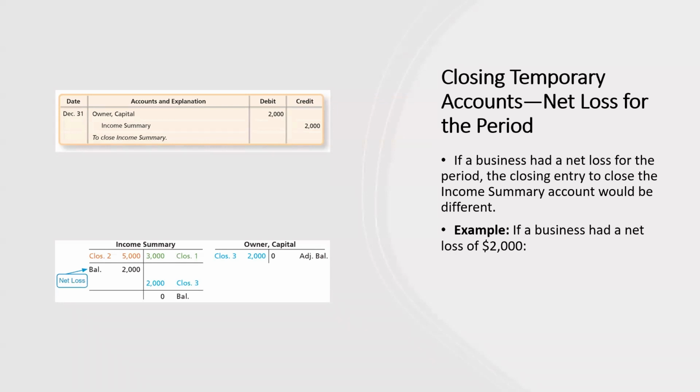Now, in the event of a net loss for the period, closing entries 1, 2, and 4 would resemble those executed for net income. However, the closing entry to finalize the income summary account would differ.